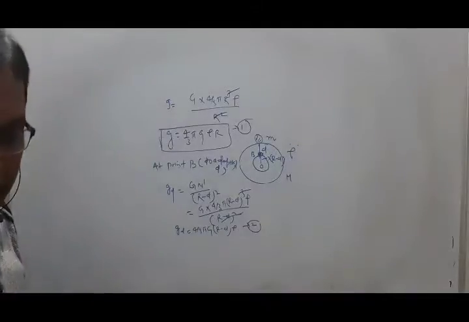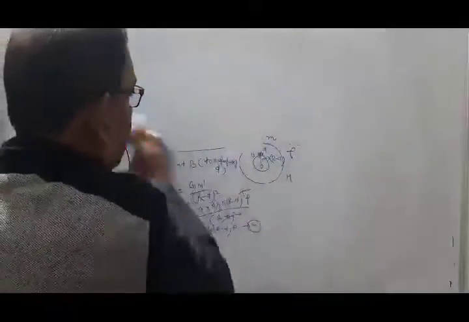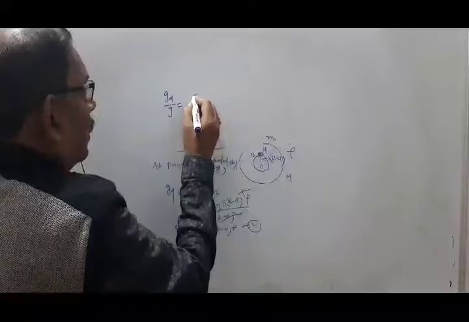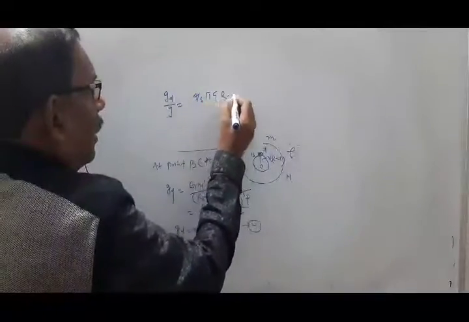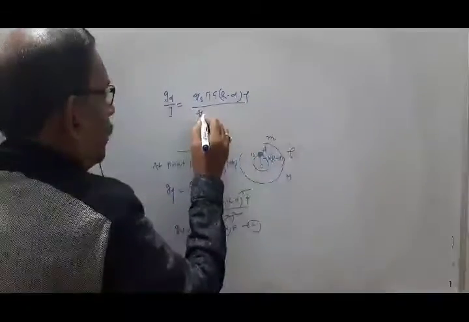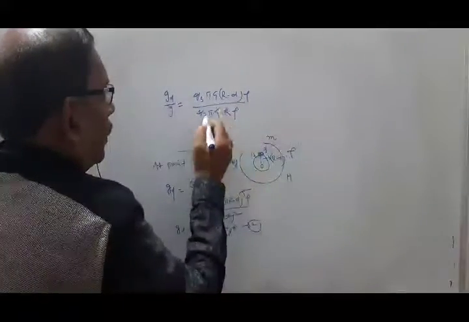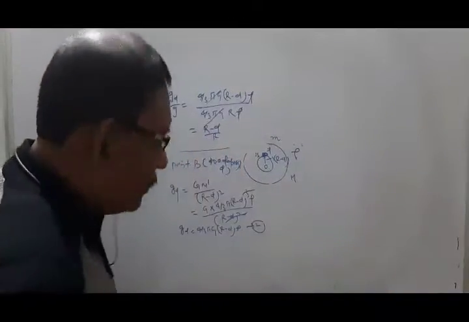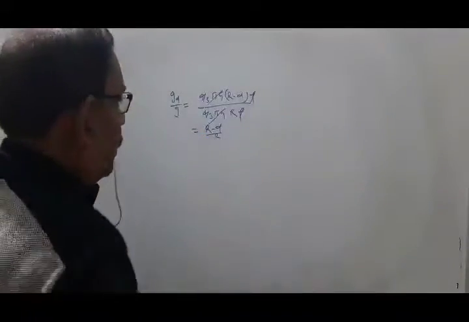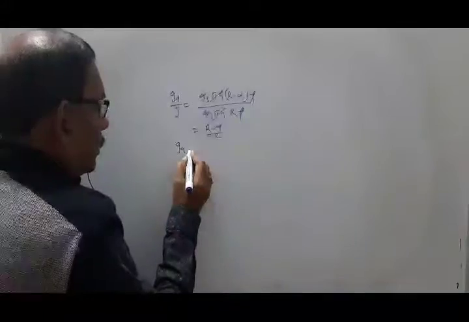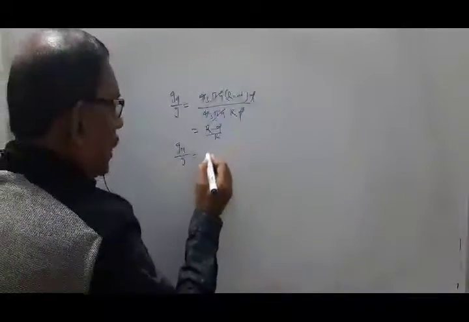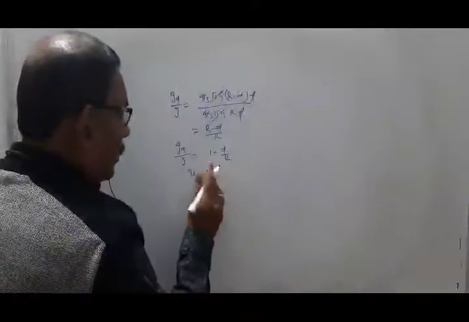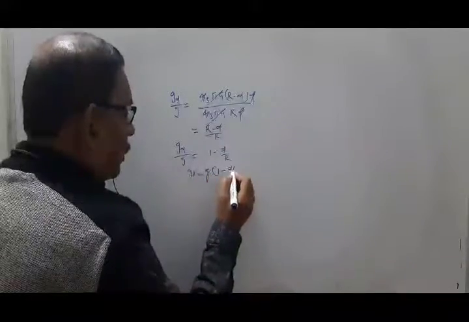Equation 2. Now dividing equation 2 by 1, g_d/g = 4/3 πG(R−d)ρ / 4/3 πGRρ. Considering all these factors, the equation becomes (R−d)/R. Now g_d/g = 1 − d/R, or g_d = g(1 − d/R).